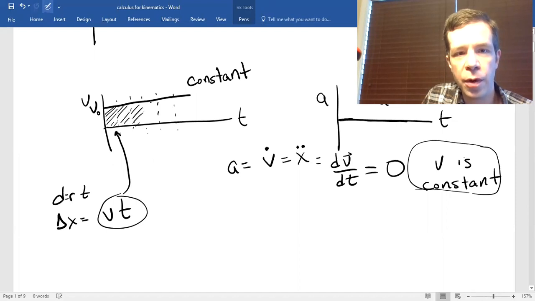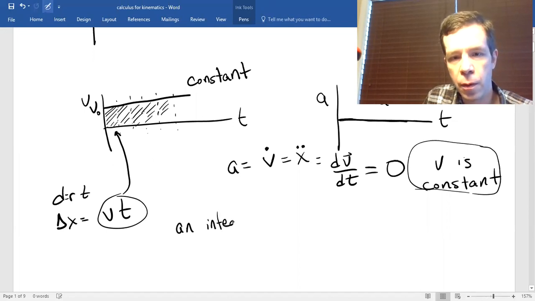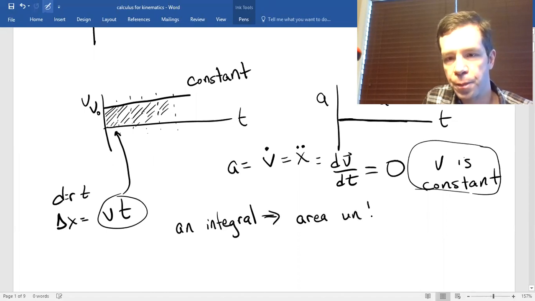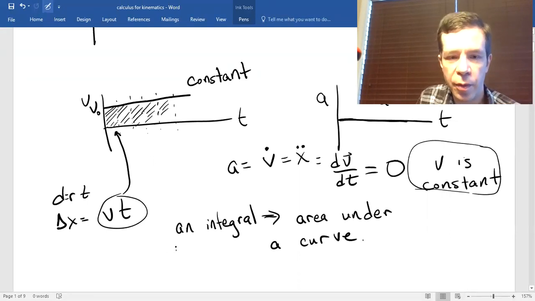All right, now we're starting to talk about calculus. When we take an integral, that gives us the area under a curve, or antiderivative, if you like that language.